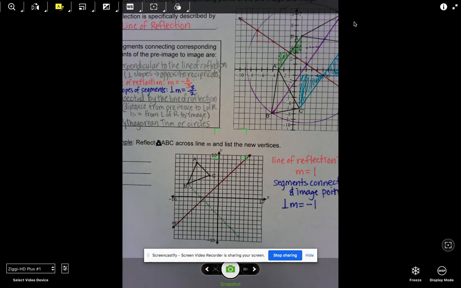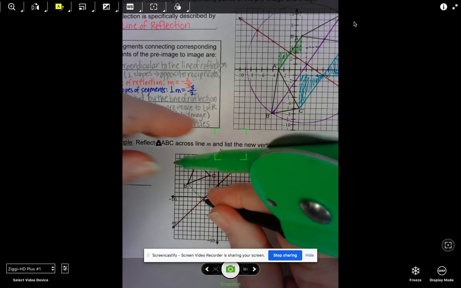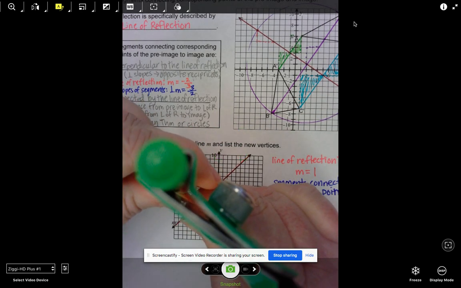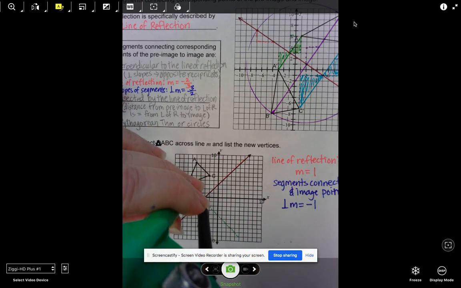So what I'm going to do on this one is I'm actually going to use my compass to verify how far along that line I need to be. Okay, so I'm going to put this on my compass. I know that this is where the point of intersection is. I'm going to measure that distance to B, which is there.